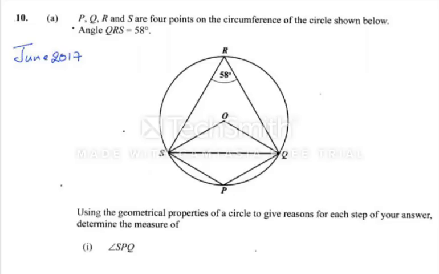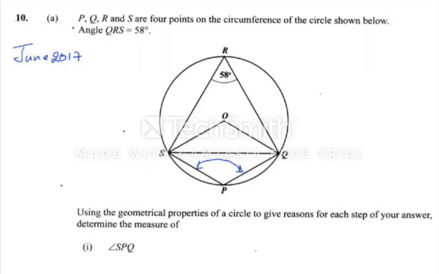It's angle SPQ. All right, whenever 3 letters are used to reference an angle, the angle is always at the letter in the middle. So this is the angle that we want to find.